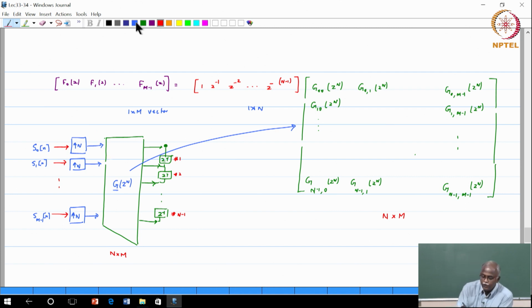So, there are m going in. So, this is number 0, number 1, number m minus 1 going in. I have number 0, number 1 and number n minus 1 coming out, and I am combining it through a delay chain, and this is a polyphase representation of a multi-carrier system.